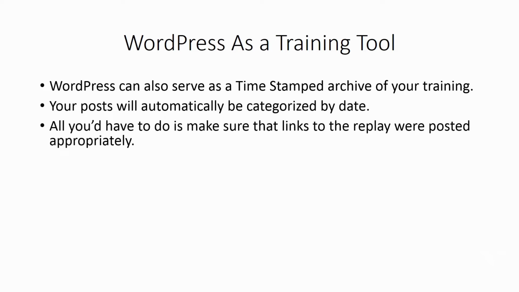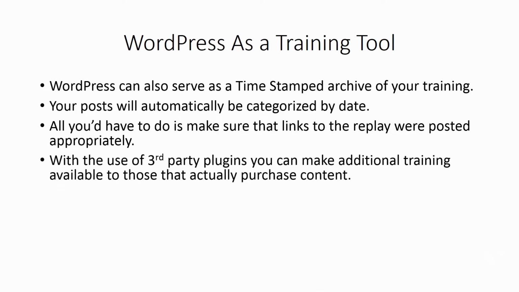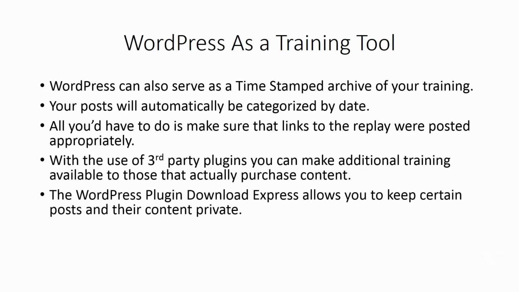All you'd have to do is to make sure that links to the replay were posted appropriately. With the use of third-party plugins, you can actually make additional training available to those that actually purchase some of the content. Now the WordPress plugin, Download Express, allows you to keep certain posts and their content private.